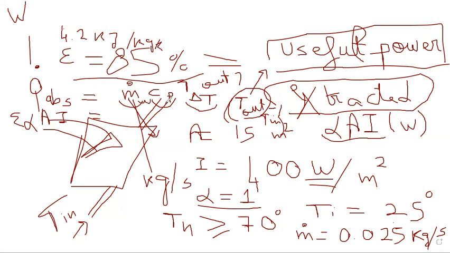A second strategy, if you didn't install your system yet, is to increase the area of your solar panels, so you should install more solar panels. In general, whenever we design a system, we say we don't want to wait, let's say, 2 hours for water to reach the hot temperature. Let's say a good time is maybe 1 hour.